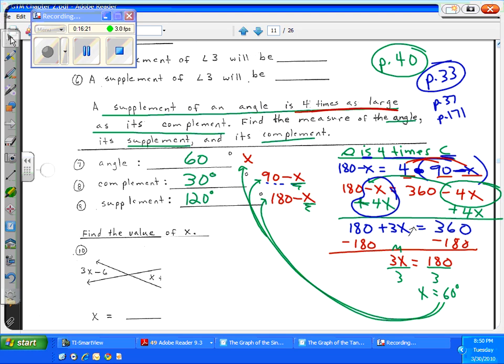You can check to see if the supplement is 4 times the complement, and it is. 4 times 30 is 120. So we verify that that worked out. Any questions on that? Good little word problem there.